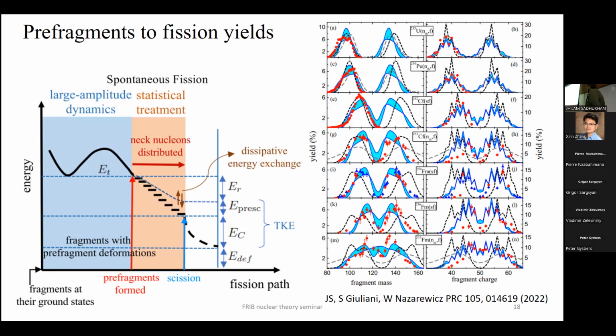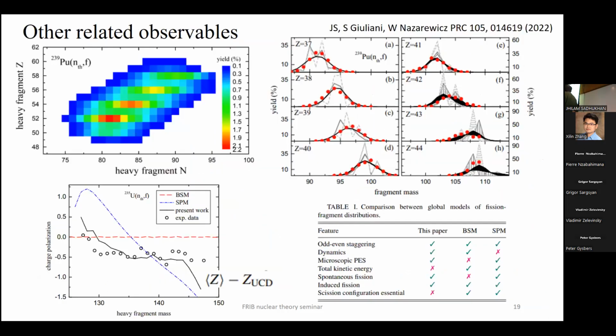So this is actually our model calculation, and not only the yield distributions, we can calculate these NZ distributions, and here we can see the odd-even staggering, and here this is the isotopic yield distribution. So for each of these Z we can calculate the mass yield, and these zigzag lines are basically the calculation before neutron evaporation.